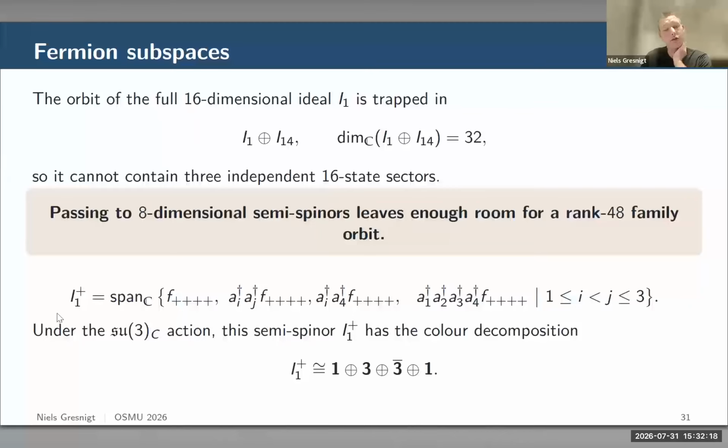And then under the SU3 color action defined earlier, that semi-spinor transforms as half a generation. So we get a triplet, an anti-triplet, and two singlets. So then if we want to include the remaining states, we need to choose another 8-dimensional space.